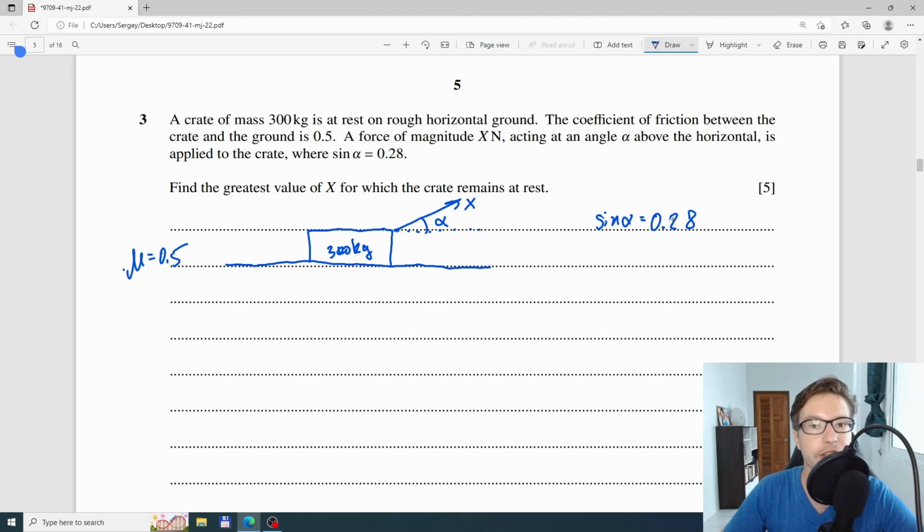Before we do anything else, let's make sure that we draw all the forces acting on the crate. Apart from X, we've got the weight of the crate, which is 3000 newtons. And we also have the normal reaction of the ground. I'll use N for that.